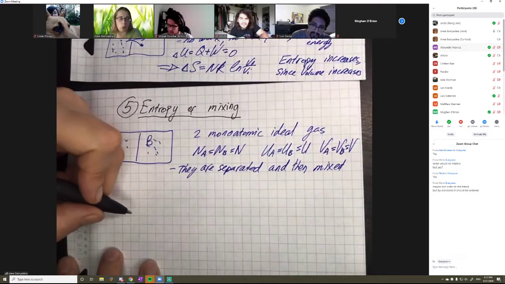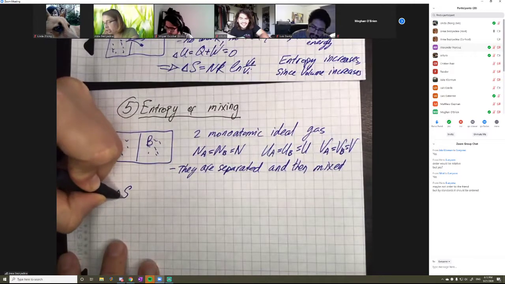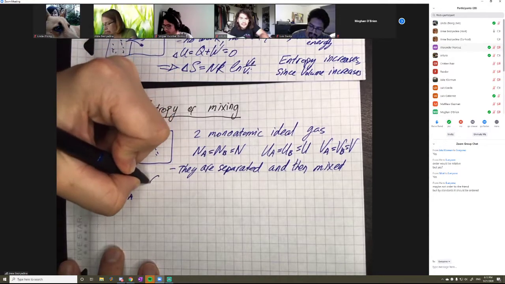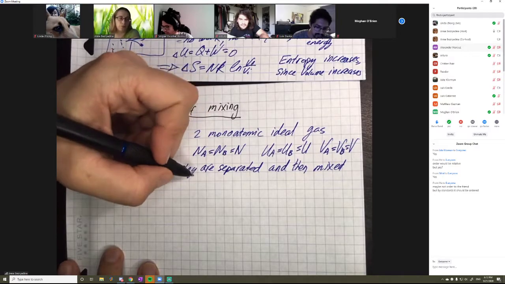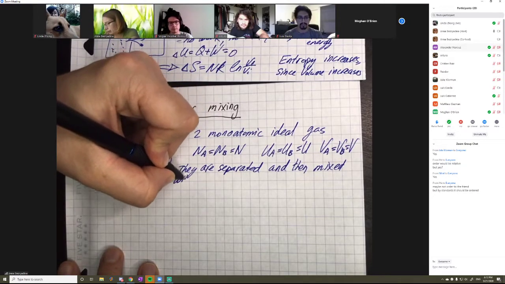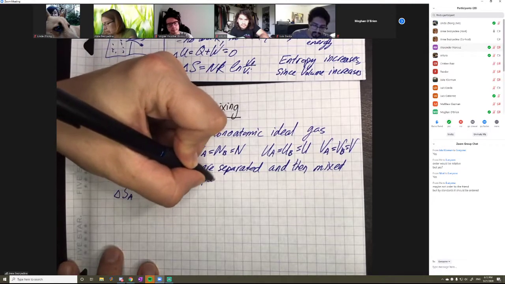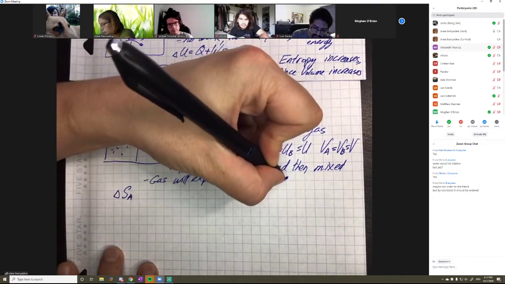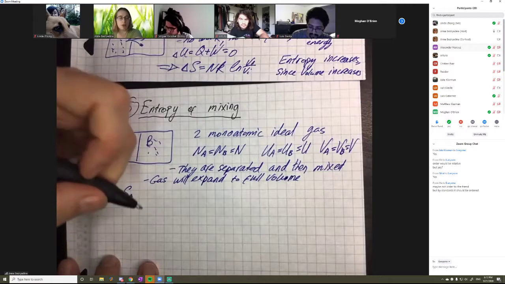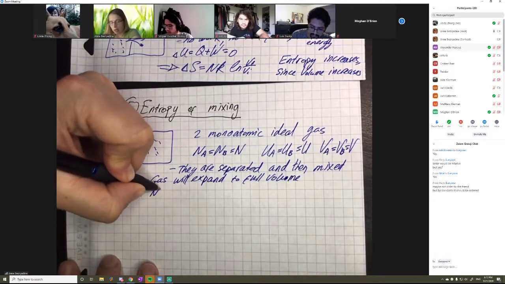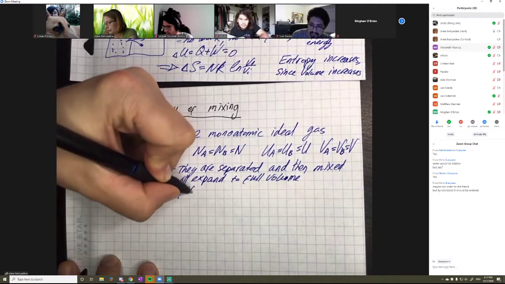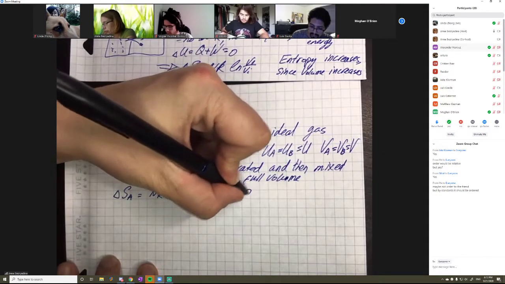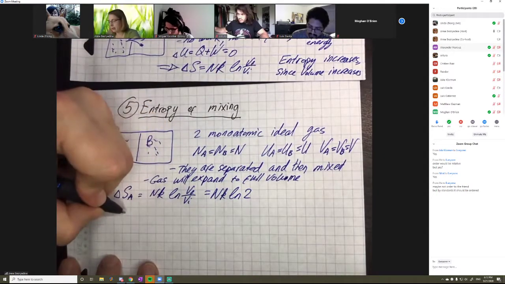So let's look at the entropy change of gas A. It will expand to full volume. The change in entropy of gas A is equal to nk logarithm of V final over V initial, which is equal to nk logarithm of 2. And what is the entropy change of B?